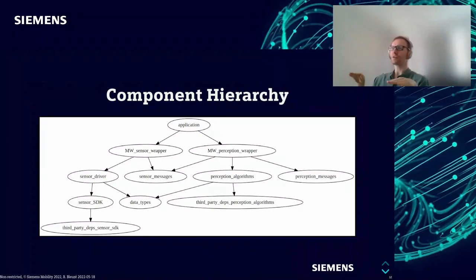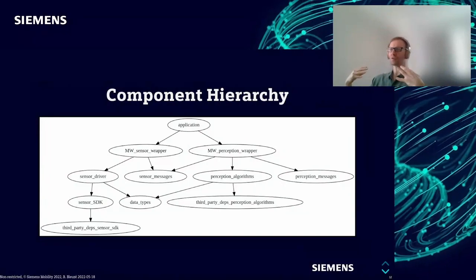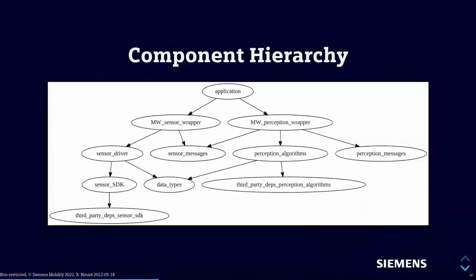Then at the lower layer, you have, let's say, the business logic of a sensor driver or perception algorithms. Some sensor messages there, which is what the middleware uses to communicate. You could think about it as MQTT messages or any other format that you know, but in this case, it's ROS messages.